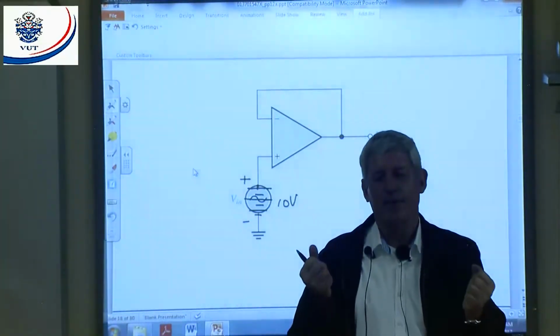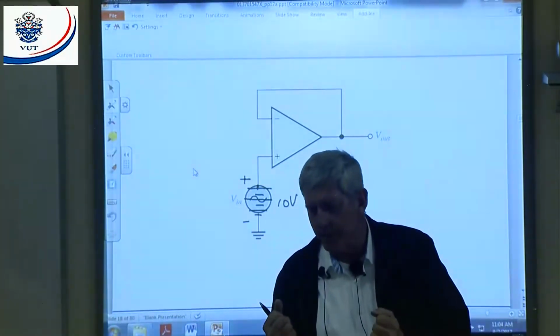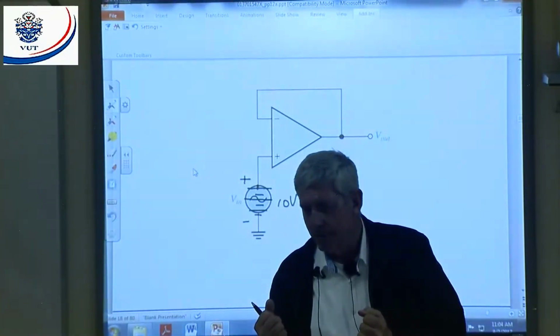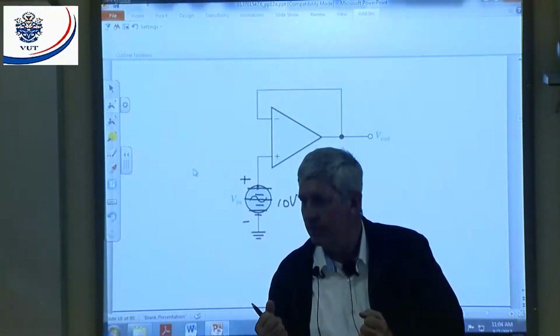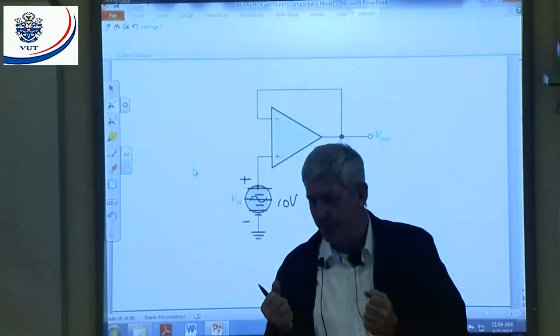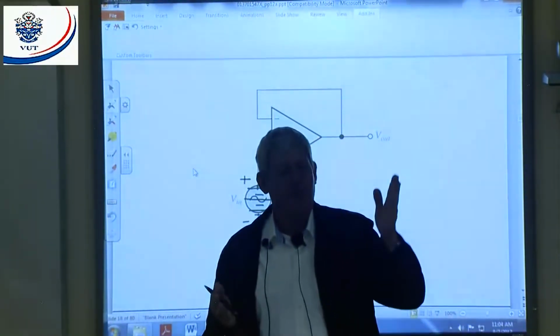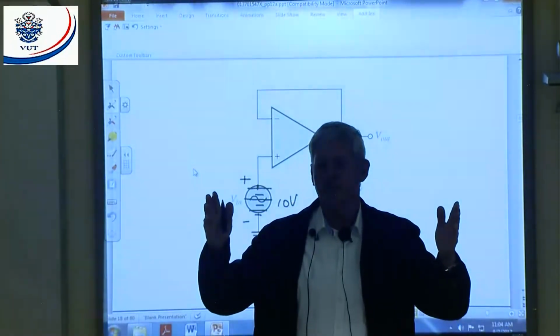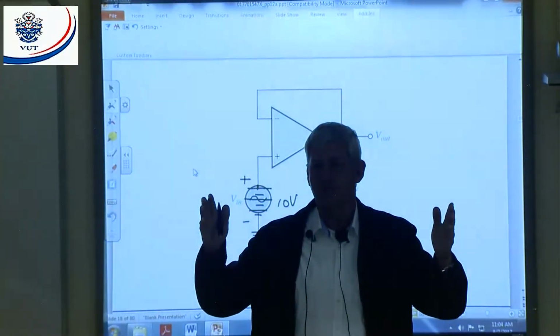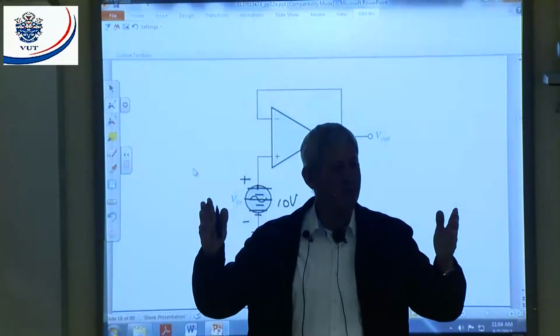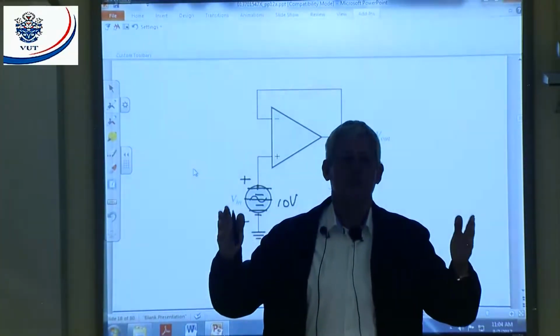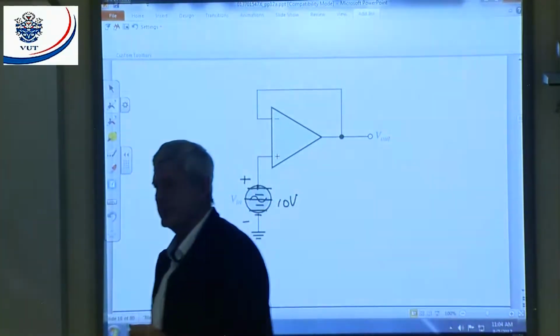If I take plus 10 and minus 10 and add them together, I get 0. But if I look at the difference, I got plus 10, I got minus 10. What's the difference? It's 20. Now you're telling me 20 will give me a difference of 0.